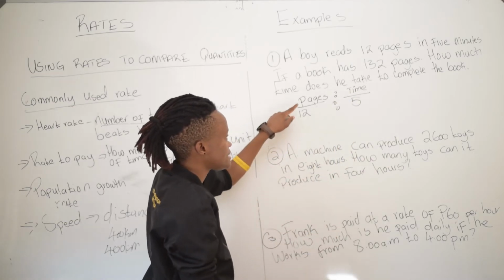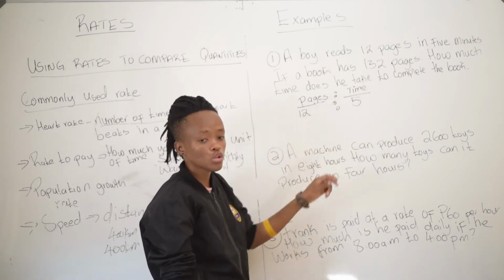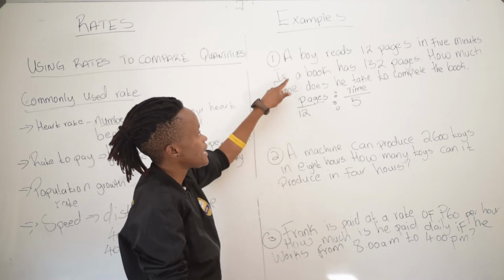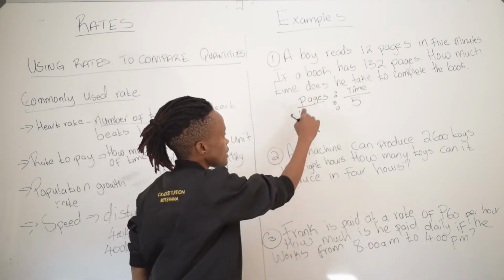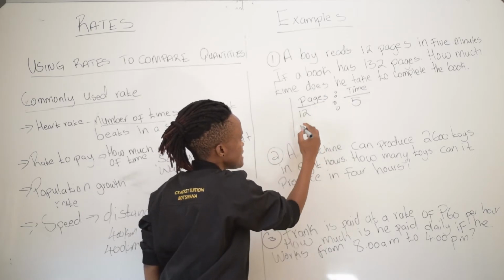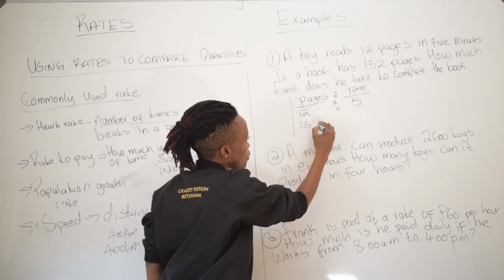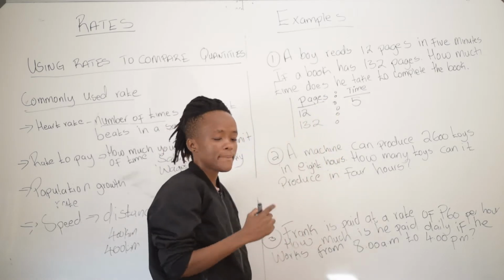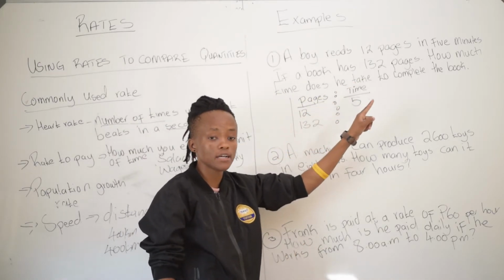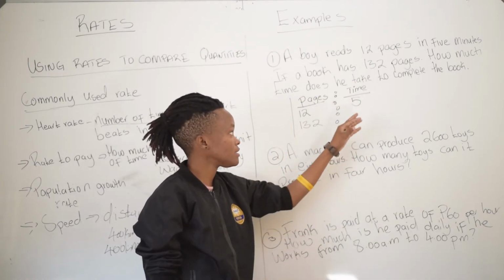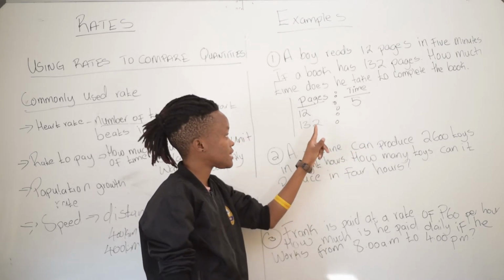So these are the pages, this is time. The question continues to say, if a book has 132 pages, so if we are given pages again, if a book has 132 pages, how much time does he take to complete the book? So we are not given the time for the 132 pages.